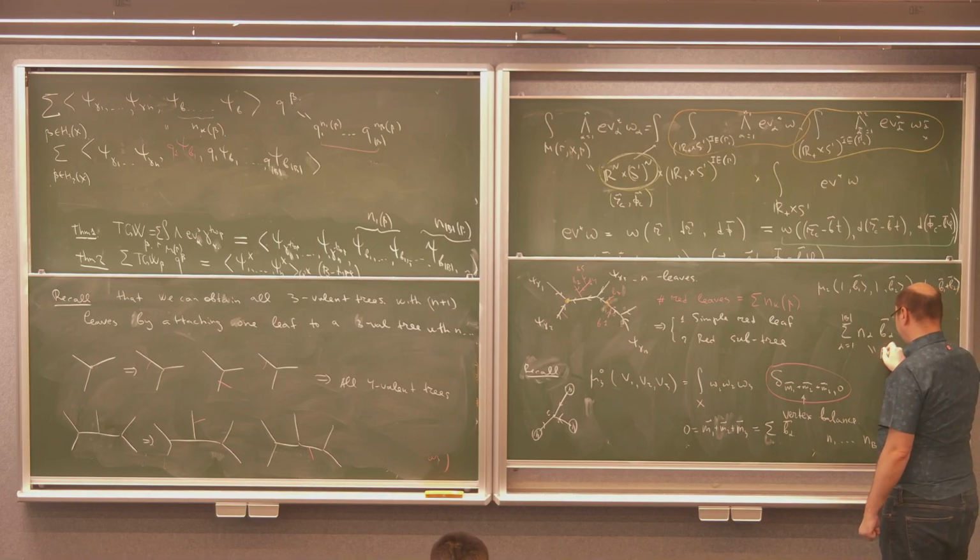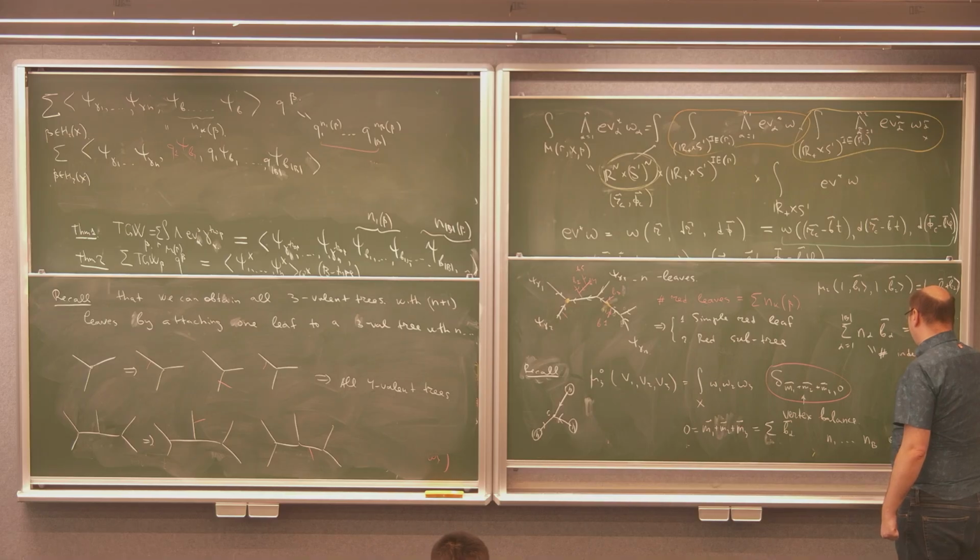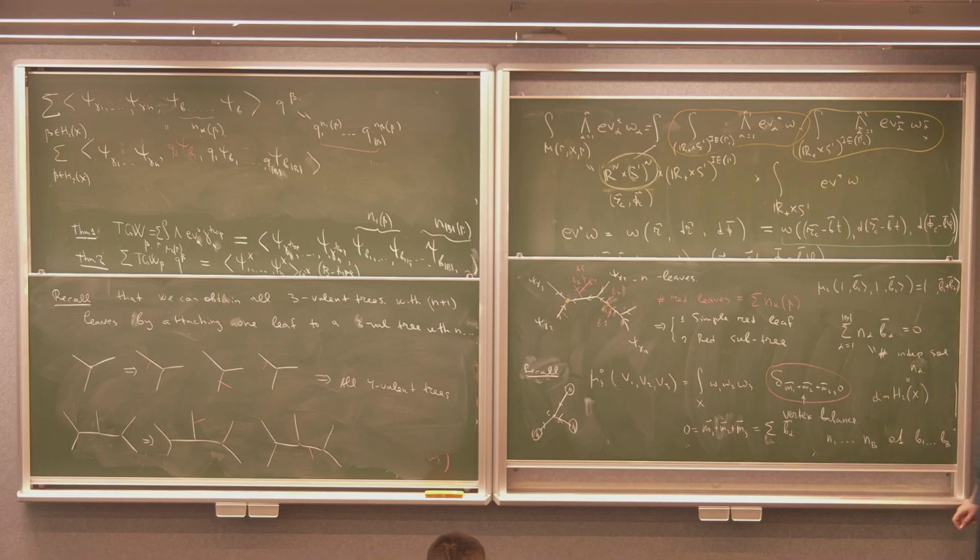The number of independent solutions for these integer vectors n alpha is precisely equal to the dimension of the second homology group for X. That's something we computed in earlier lectures.